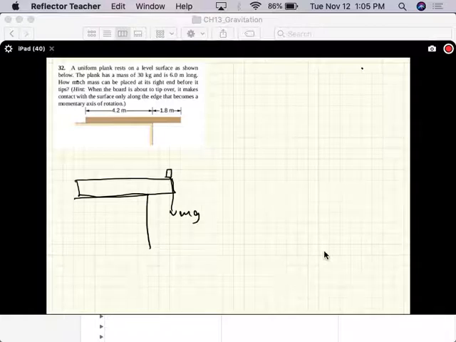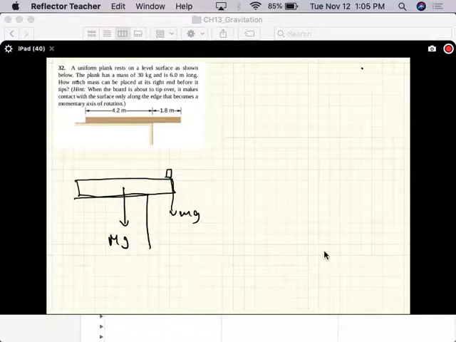So there is mg, and this is providing the counterclockwise torque. This object is trying to rotate the plank clockwise about this axis. The edge is where we'll take the axis to calculate the moment about.